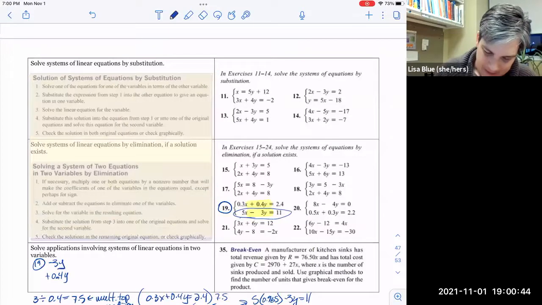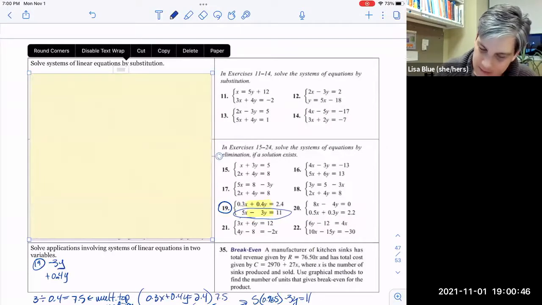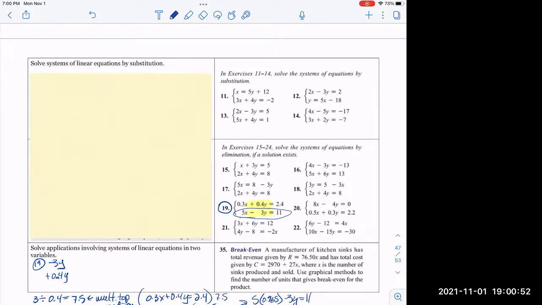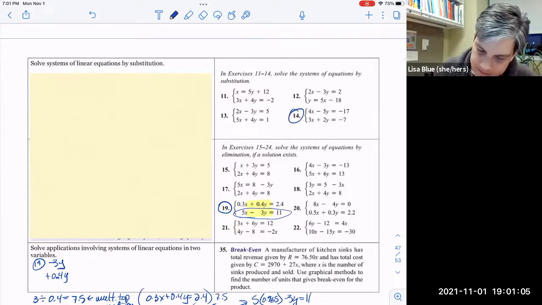I feel you there. Okay, so out of questions 11, 12, 13, and 14, is there one of those that looks particularly scary that you'd like worked? Yeah, could we try 14? That one probably looks the hardest. Yeah. Okay.